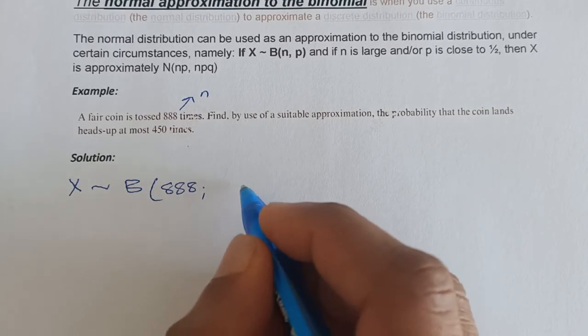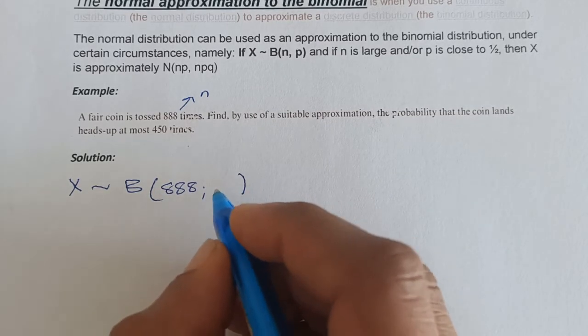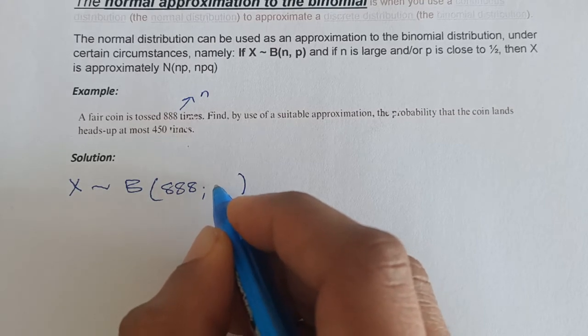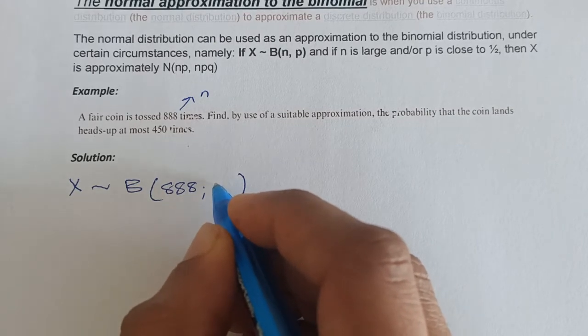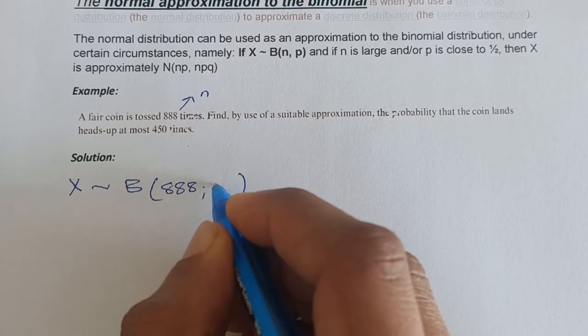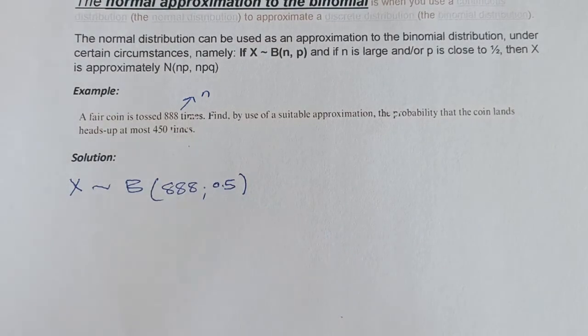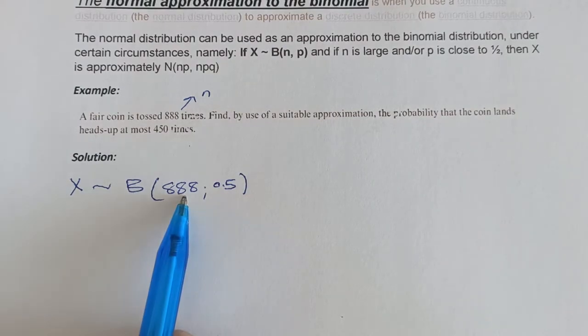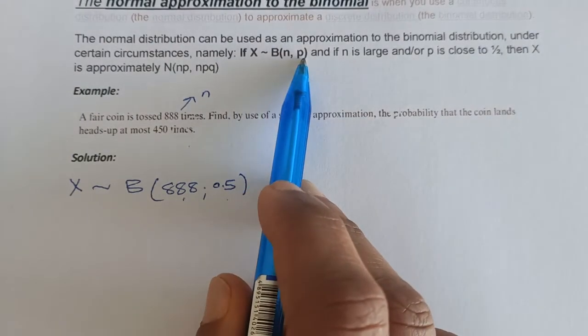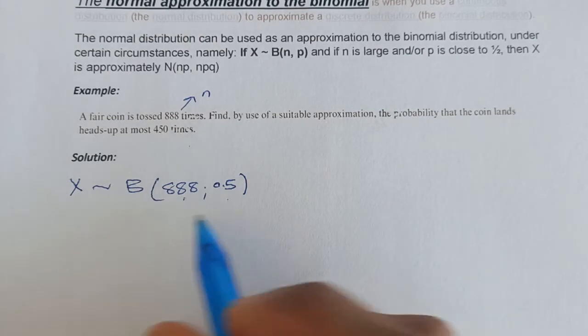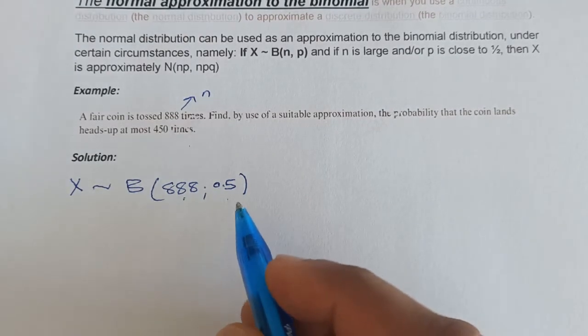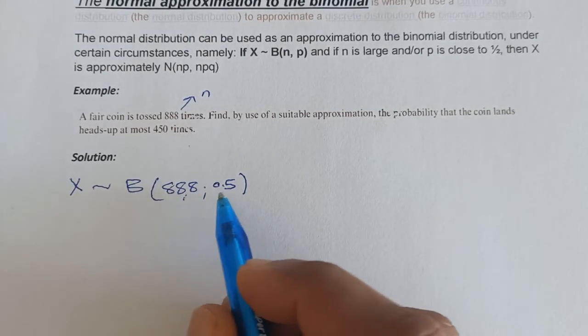So what is the probability that a coin would land heads at any point in time? We know it's equal to half. Right, so let's say 0.5 or 1/2. So there's my n and there's my p. Remember, that's your binomial distribution. So we're letting x represent the number of times the coin lands heads up, given n is equal to 888.